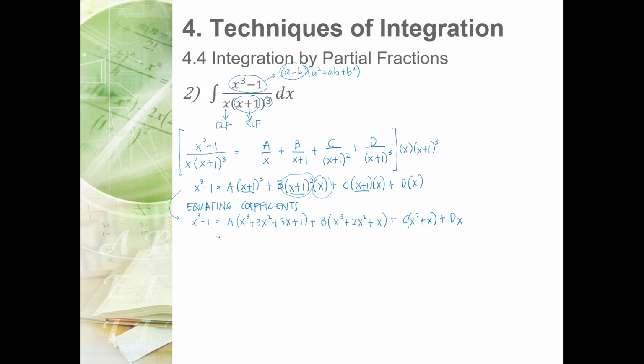Expanding even further, you have ax cubed plus 3ax squared plus 3ax plus a, plus bx cubed plus 2bx squared plus bx, plus cx squared plus cx plus dx. So it's a bit long, right?